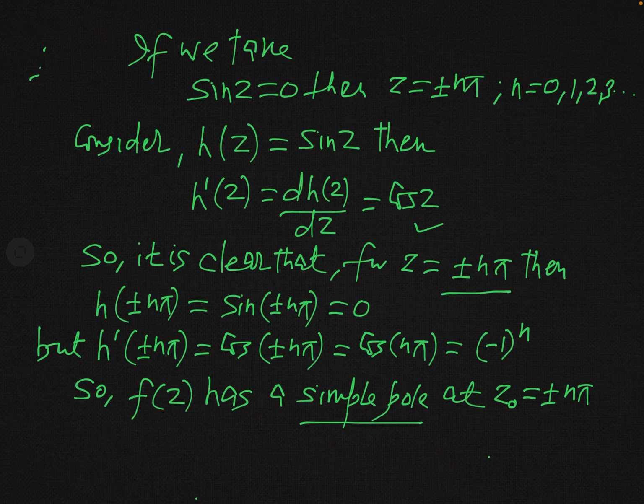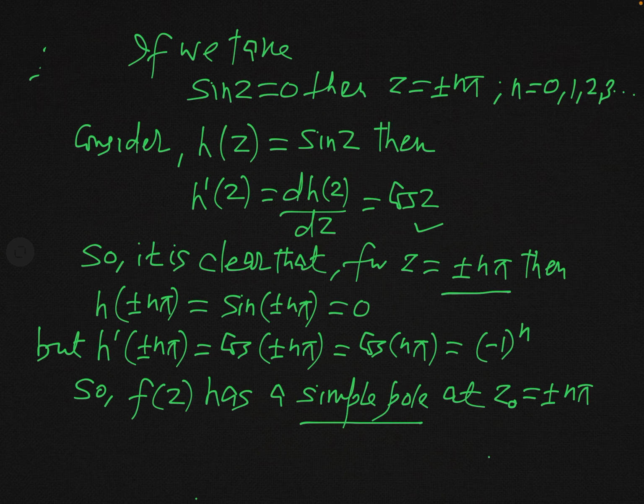But its derivative, that is h prime of plus minus n pi, will be cos of plus minus n pi, and you know cos of minus theta is simply cos theta, so we will write it as simply cos n pi. This cos n pi is not 0, but it is actually equal to minus 1 to the power n. It means when we take n equal to 0, this will be 1.